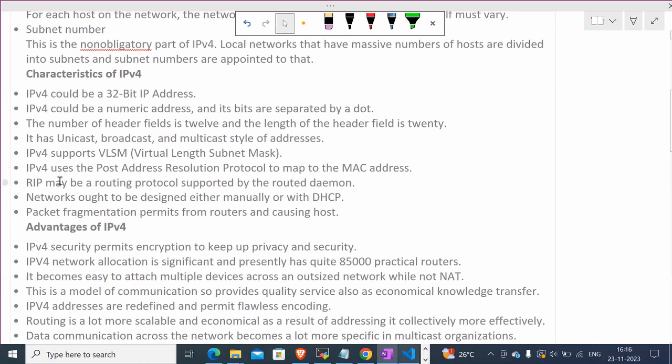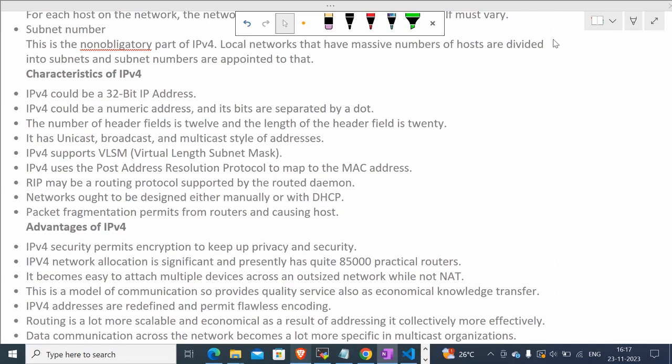The network ought to be designed either manually or with DHCP. I will explain DHCP in later videos. So DHCP is nothing but, let me give you a brief for a moment. You may have heard this term multiple times.